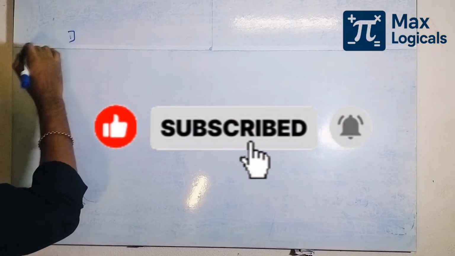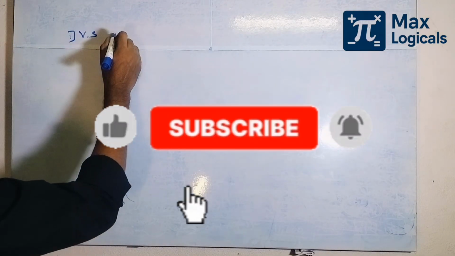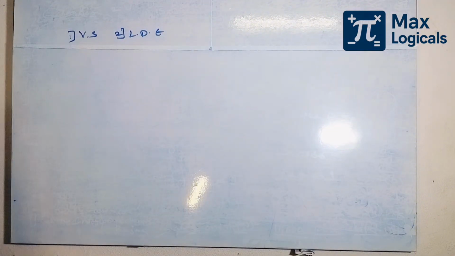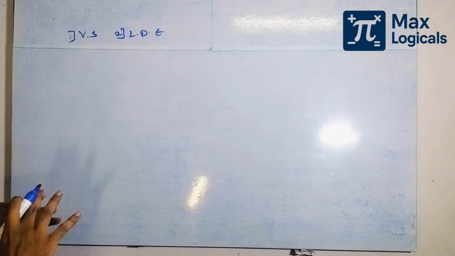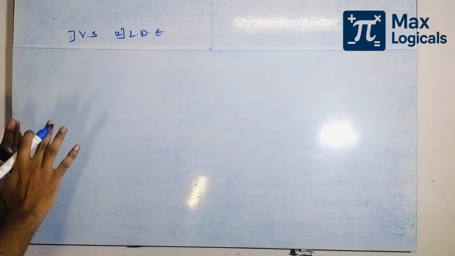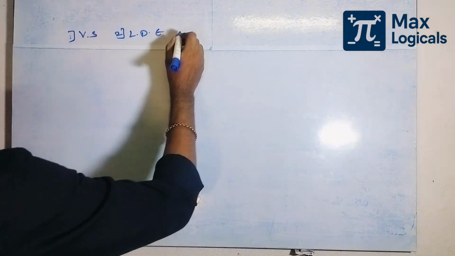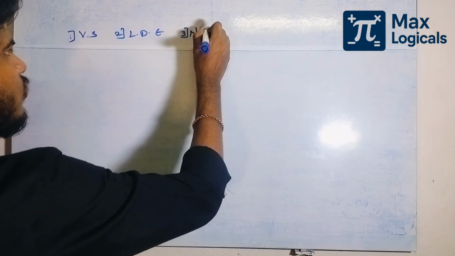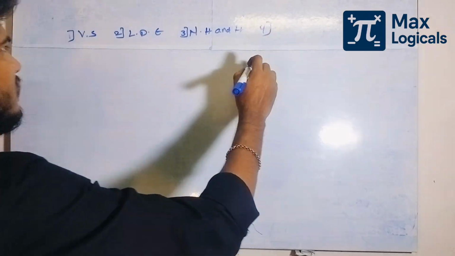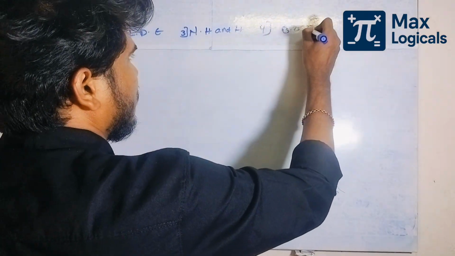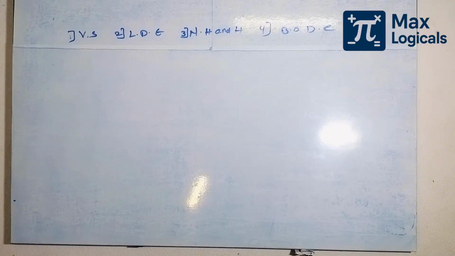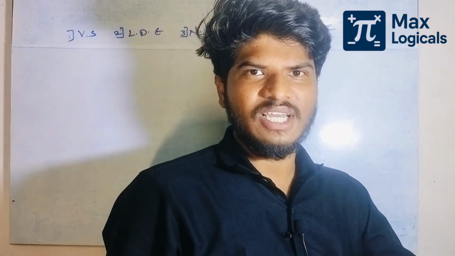The first method is variable separable, and the second method is linear differential equation: the equation which is in the form of linear differential equation, we find the solution by using the linear differential equation process. The third method is non-homogeneous equation and homogeneous equation, and the fourth method is Bernoulli's differential equation.